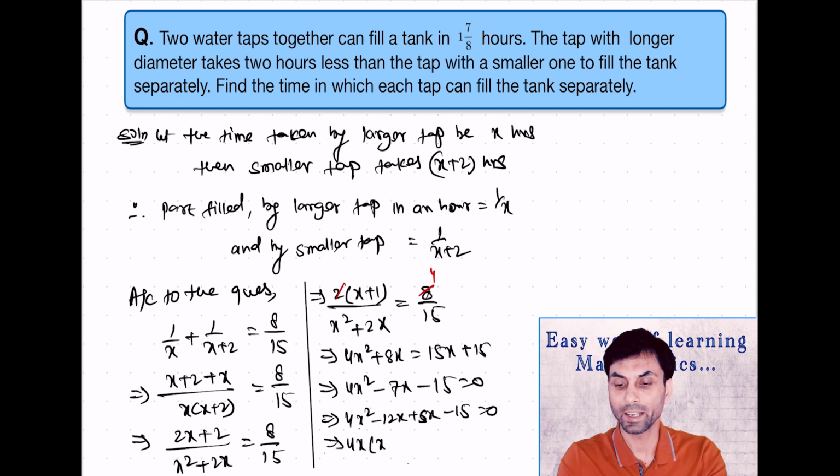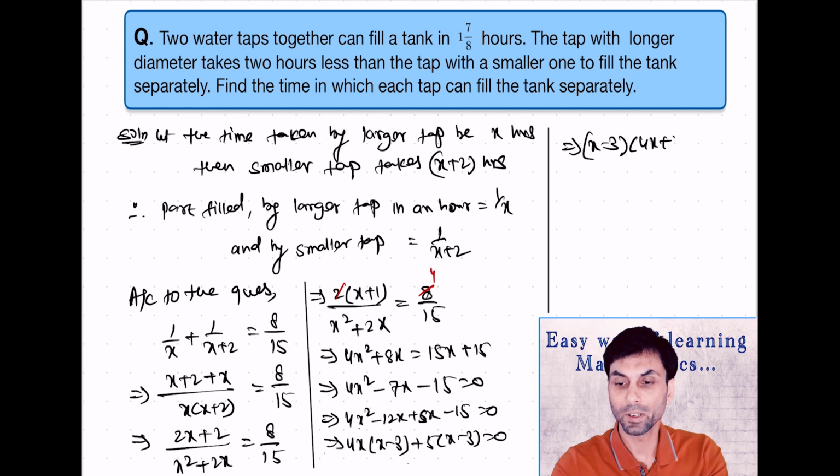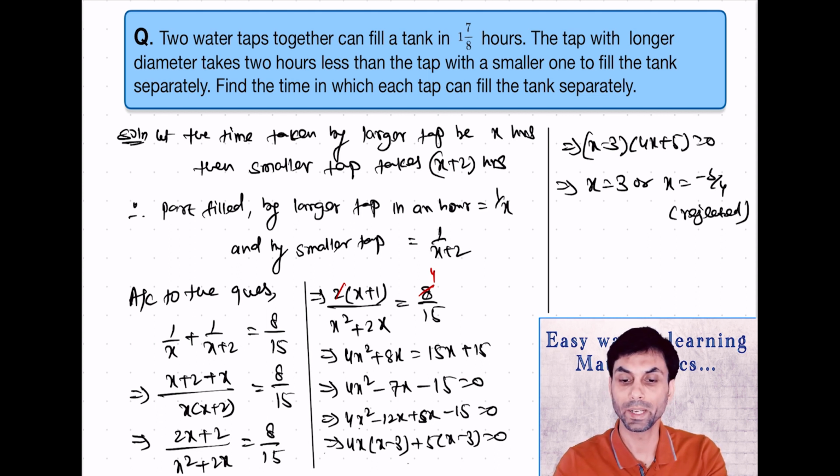which will be 4x common, x minus 3 plus 5 common, x minus 3 equals 0, which can be written as x minus 3 into 4x plus 5 equals 0. On equating the factors to 0, we'll get x equals 3 or x equals minus 5 by 4. It is rejected as the time cannot be negative.